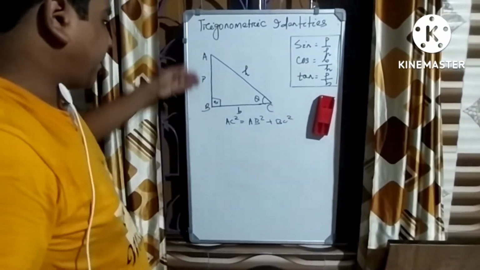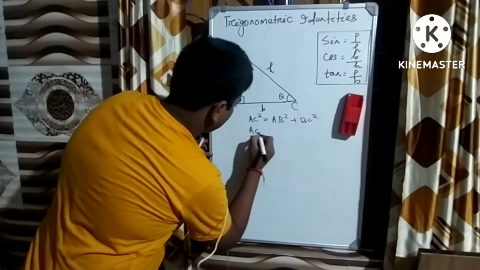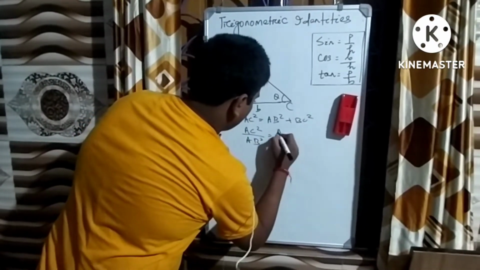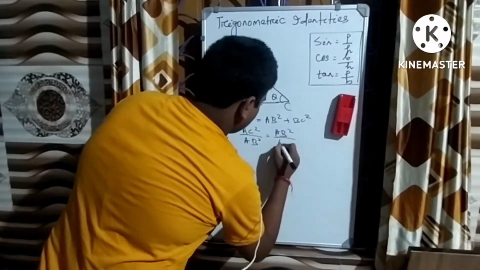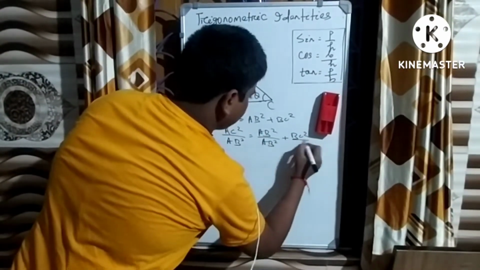Now let us divide by AB square in both these terms, that is AC square by AB square is equal to AB square by AB square plus BC square by AB square.